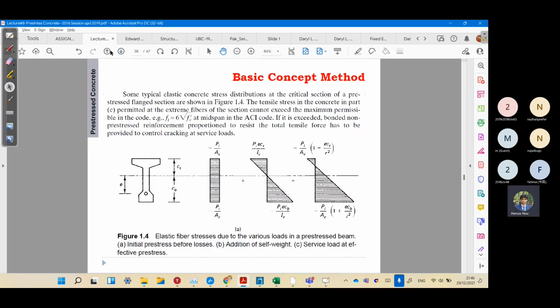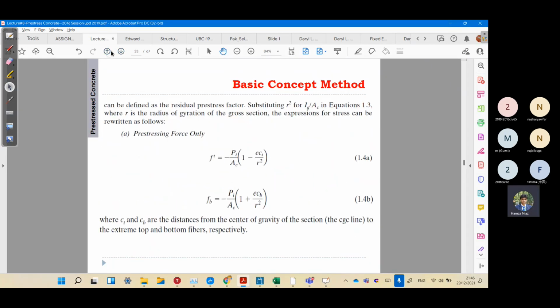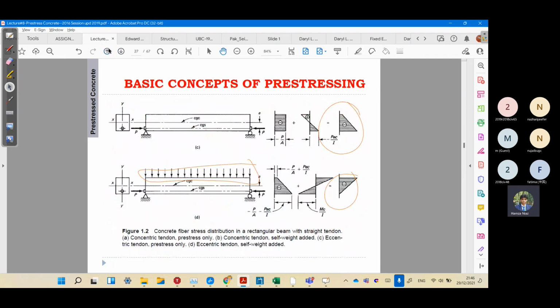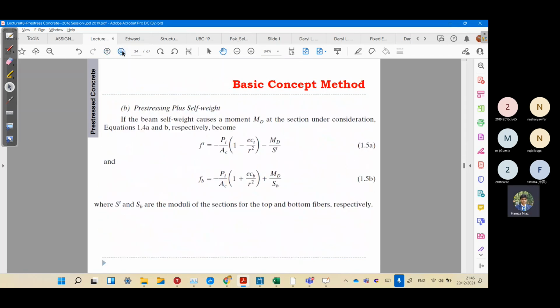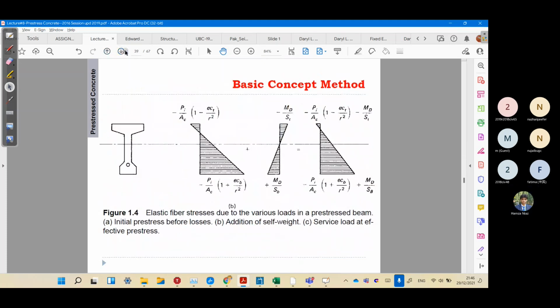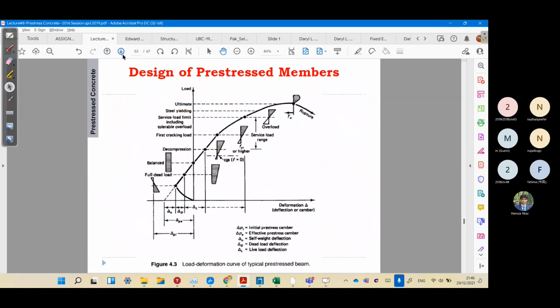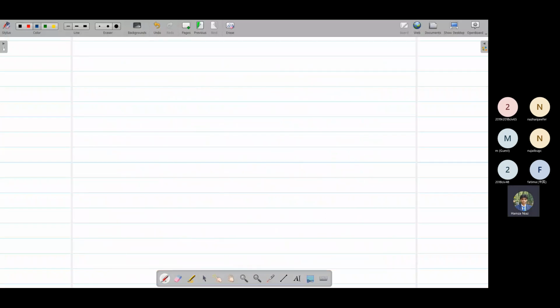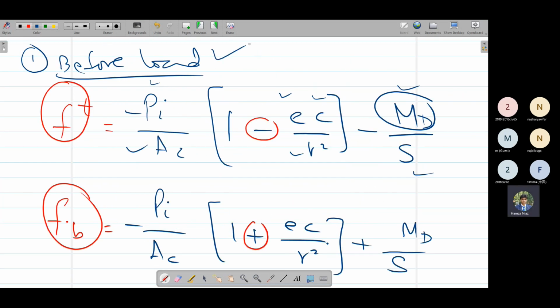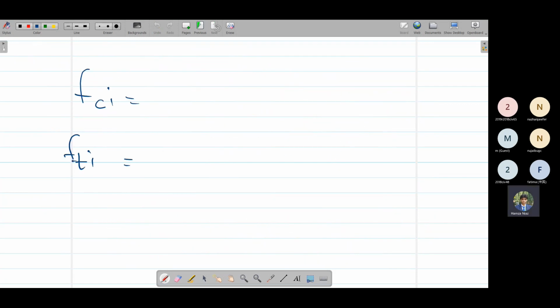So there are four limits set by ACI that our stresses should not exceed. You can find them on slides, but there are four limits: FCI, FTI. There are two limits for initial pre-stress forces, for top and bottom stresses at initial pre-stress.